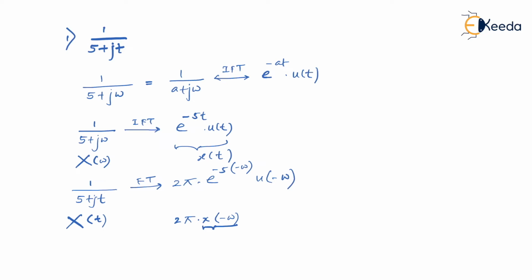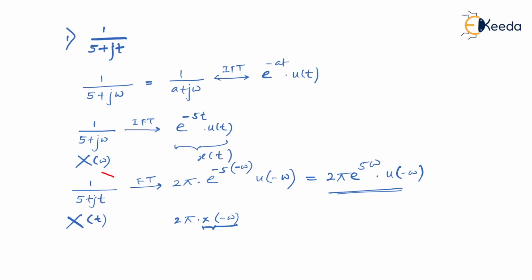Is that right? Further I can write this as 2 pi e to the power negative negative will become positive, so positive 5 omega u of minus omega. So this is your final answer. That is, the Fourier transform for 1 upon 5 plus jt is 2 pi e to the power 5 omega u of minus omega.